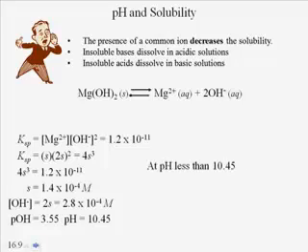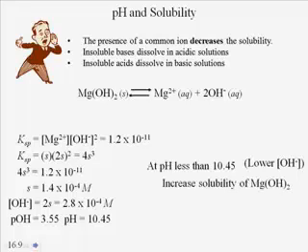So what does that mean? Well, at a pH less than that, which means you have a lower hydroxide, it's going to increase the solubility. Why? Because, again, Le Chatelier, if I'm removing hydroxide, or if this hydroxide is lower than that, what's it going to do? It's going to shift right, which increases solubility.